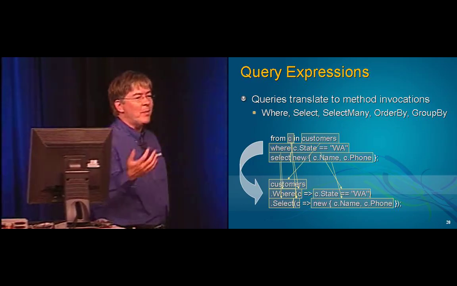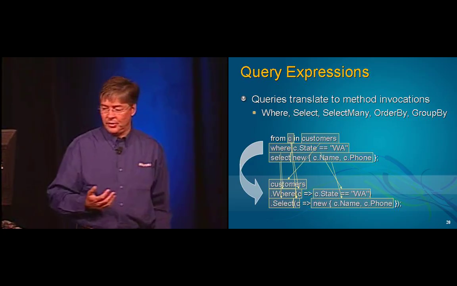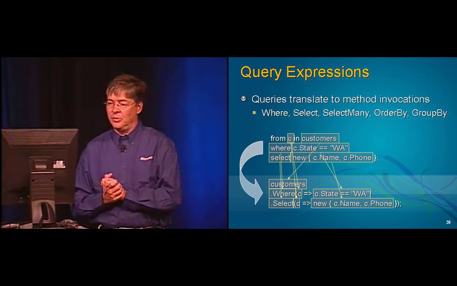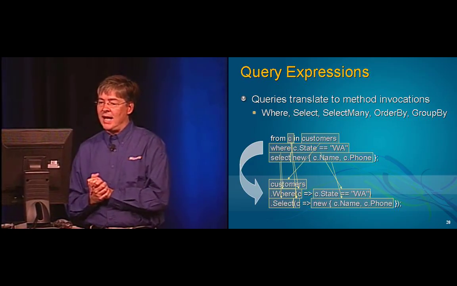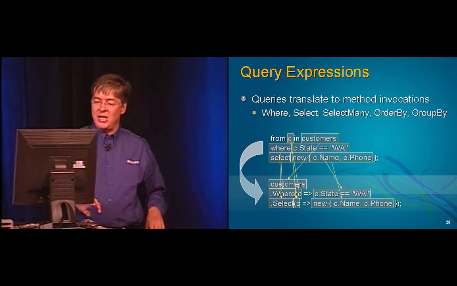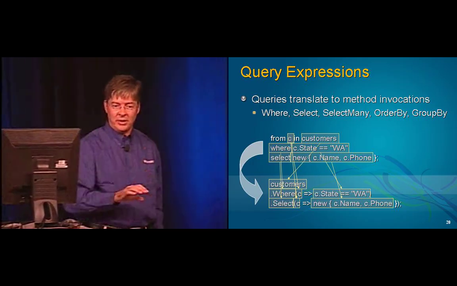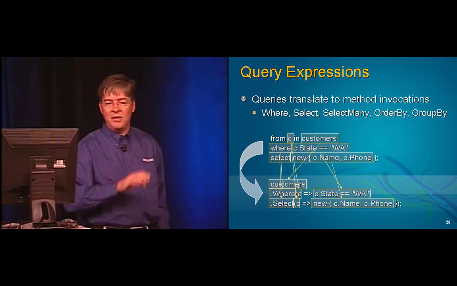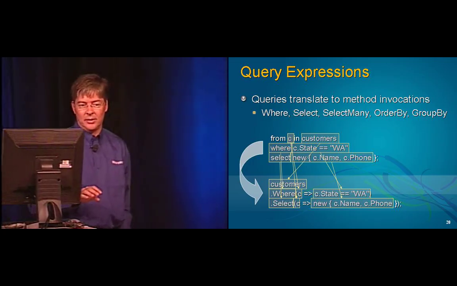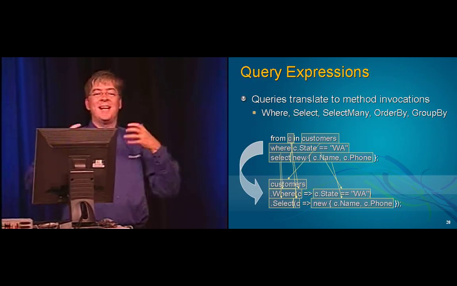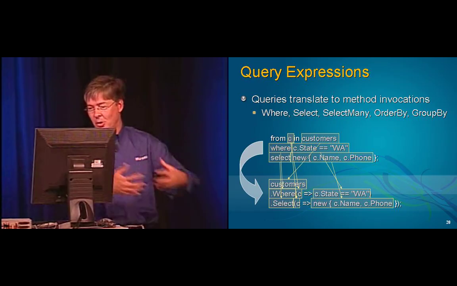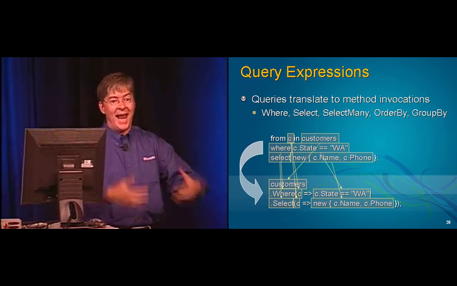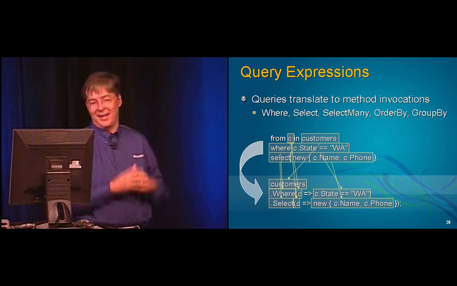The thing that's different about this, compared to other constructs, is that this transformation from query expression to method calls happens before we bind any types at all. It's almost like a macro. We just turn it into calls to where, select, order by, and then we try to compile that.